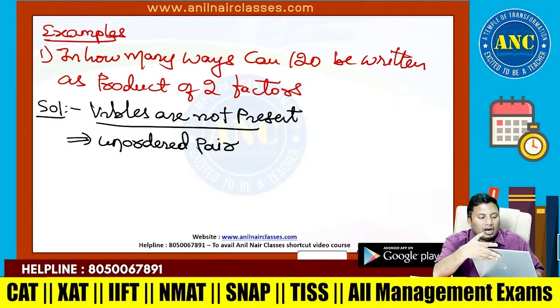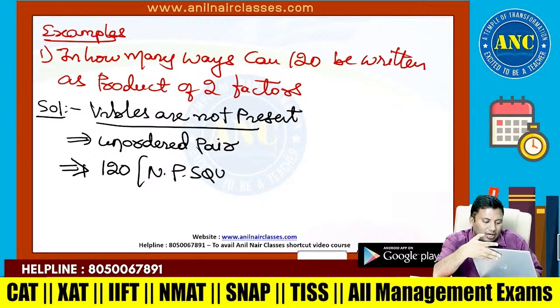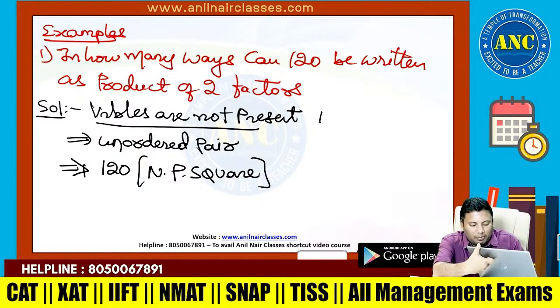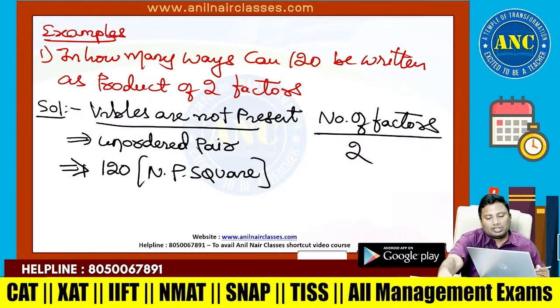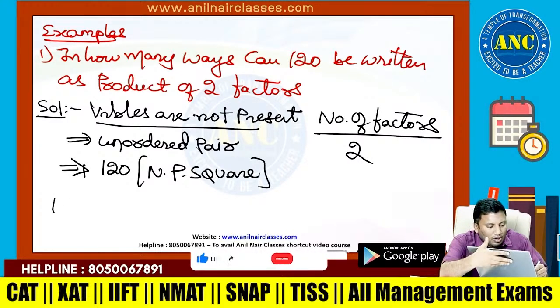In an unordered pair, the number which is given is 120. 120 is a non-perfect square. So what will be the answer? Answer is number of factors whole divided by 2.